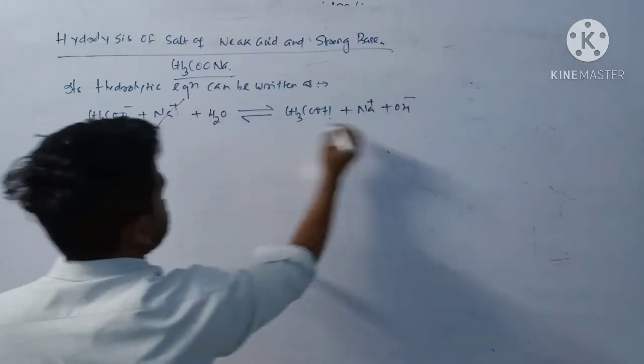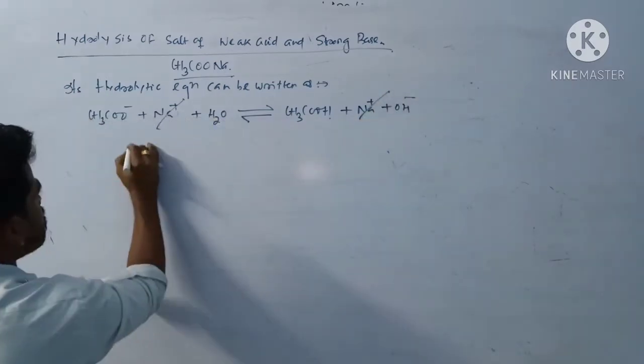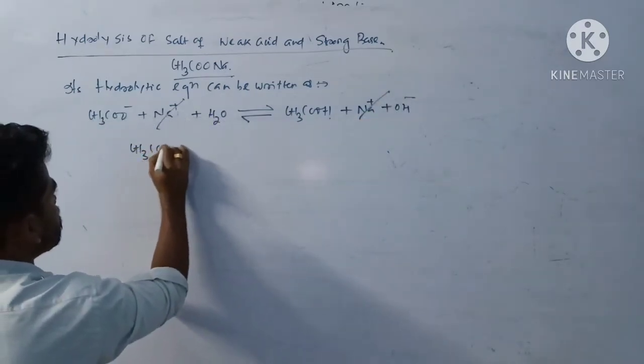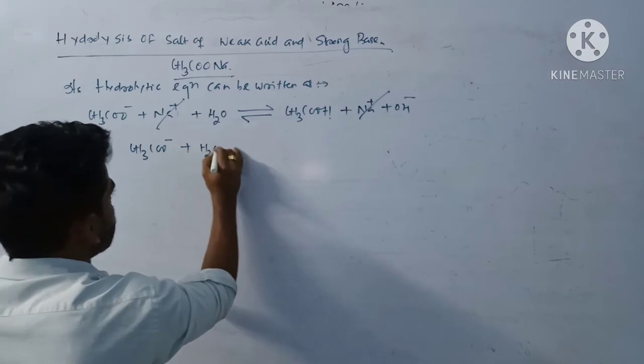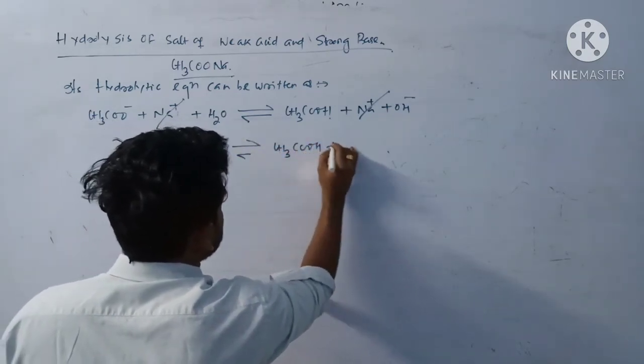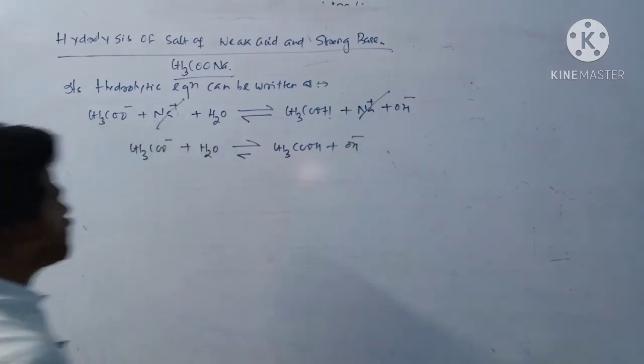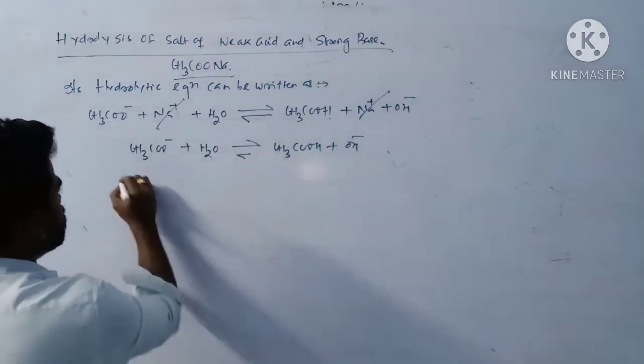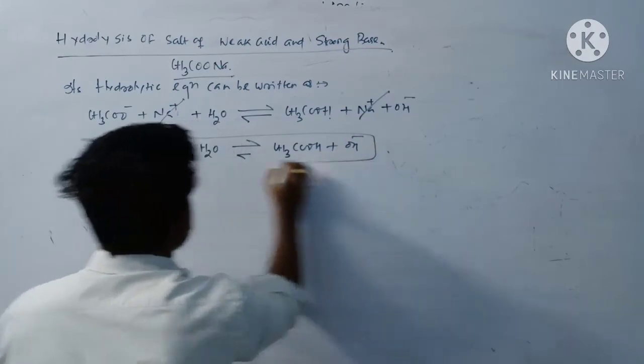So Na plus gets cancelled. So the equation is CH3COO minus plus H2O giving rise to CH3COOH plus OH minus. So this one is your hydrolytic equation.